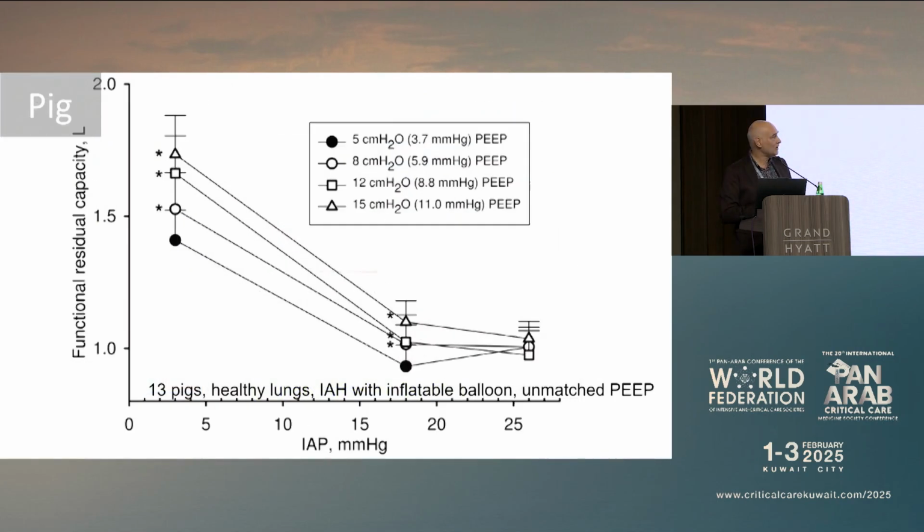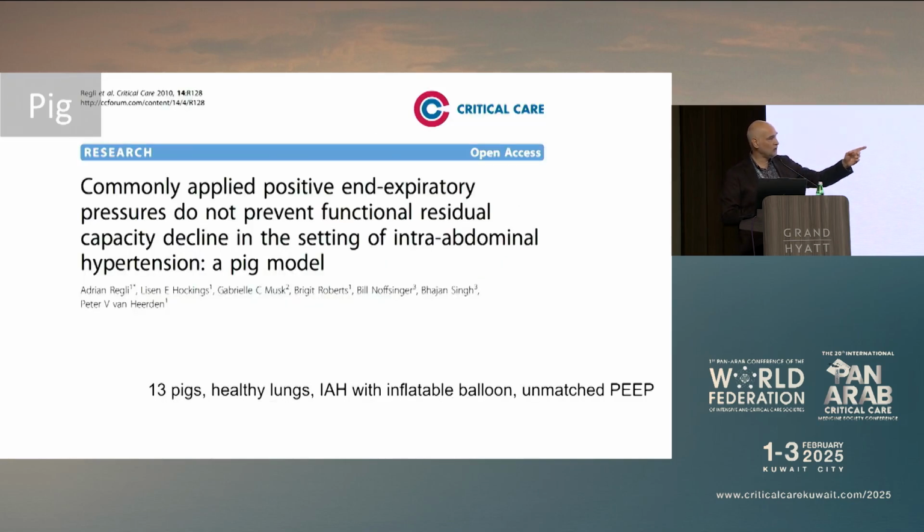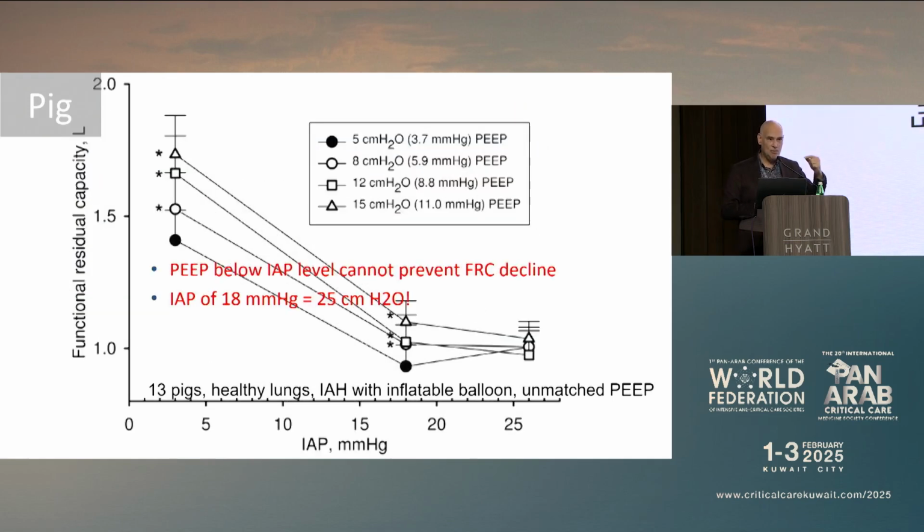So let's dive a little bit deeper in this, going back to some pig studies to understand whether it's a good approach. This was abdominal hypertension with a balloon in pigs, but the PEEP was not equal to the intra-abdominal pressure. So PEEP below intra-abdominal pressure cannot prevent the decline in FRC.